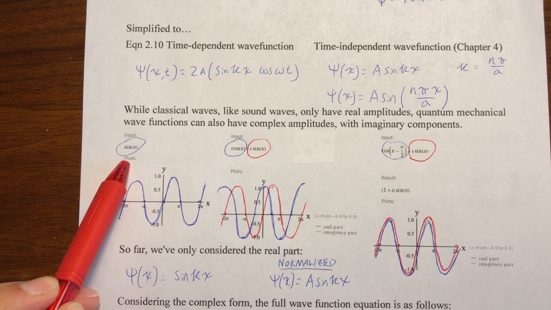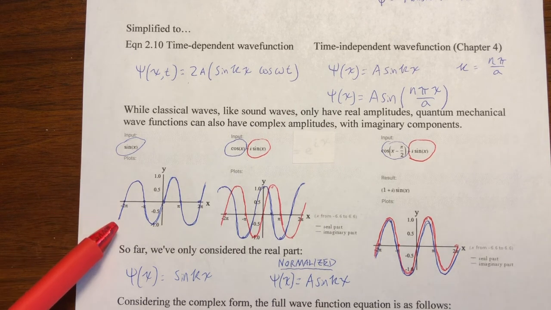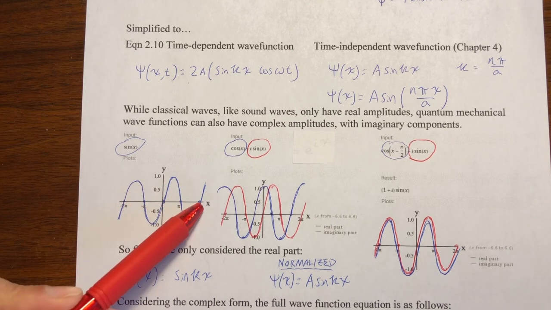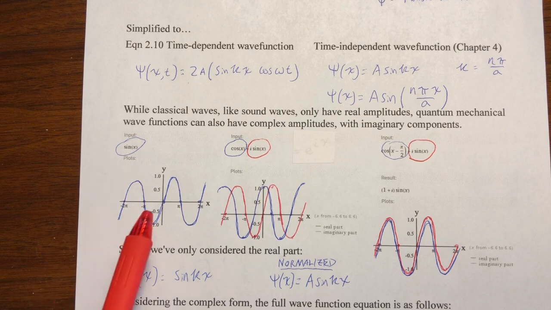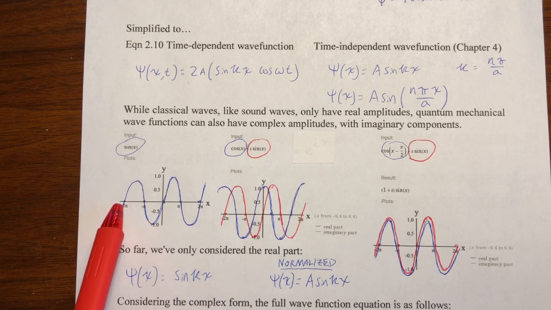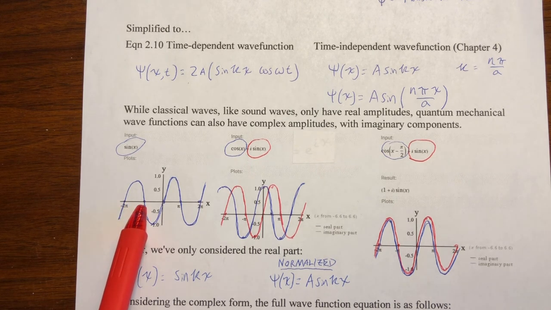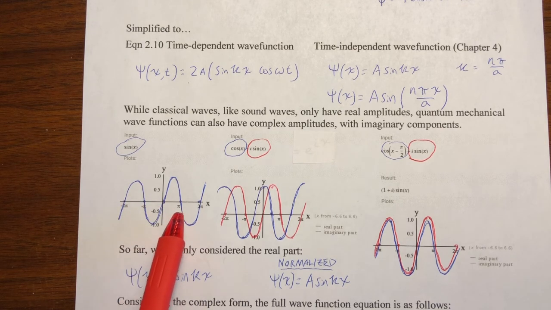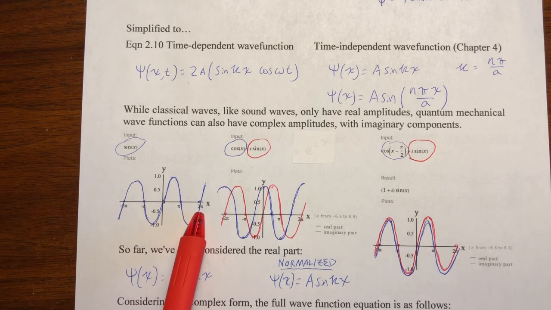So you can put any of these equations into Wolfram Alpha and get these graphs out. So if you just graphed sine of x, it would look something like this, right? Where we have an intersection at the origin, and we have nodes at intervals of integer values of pi. So negative 2 pi, negative pi, 0, 1 pi, 2 pi, etc.